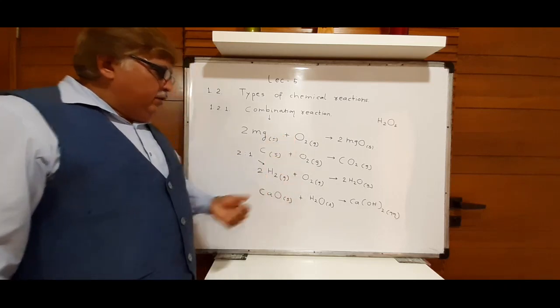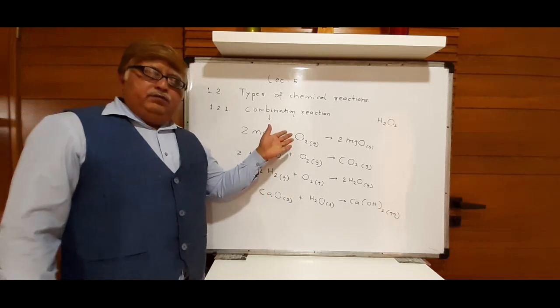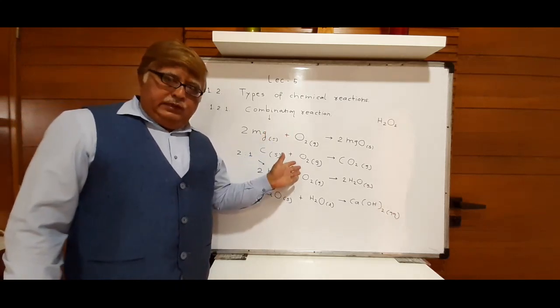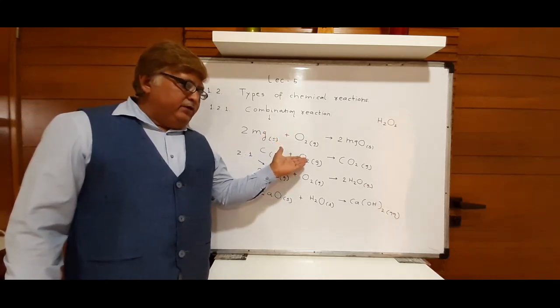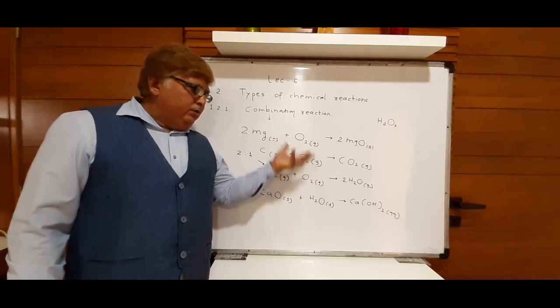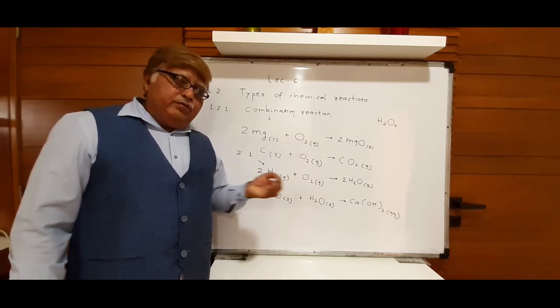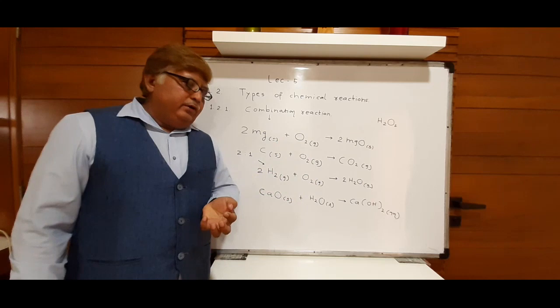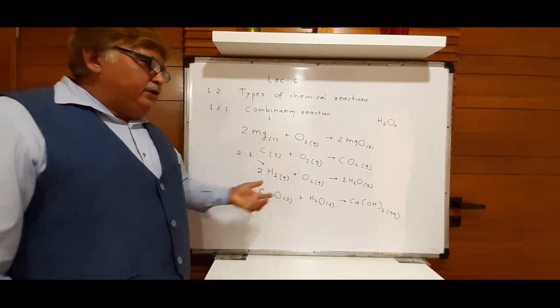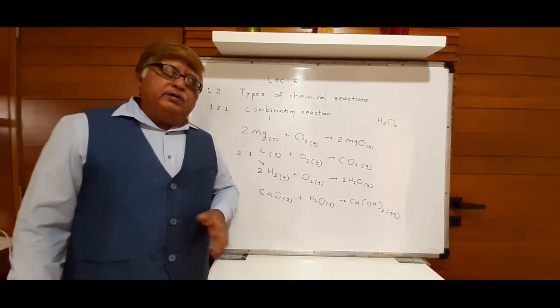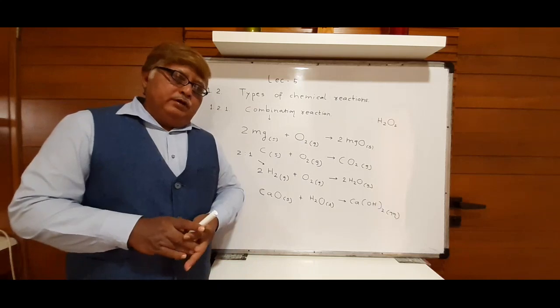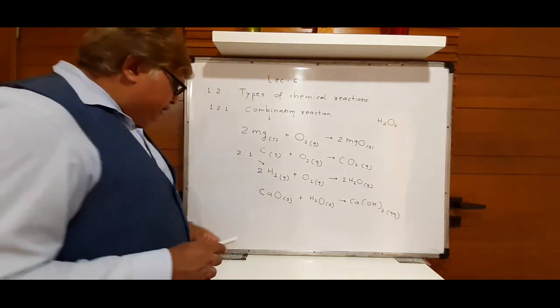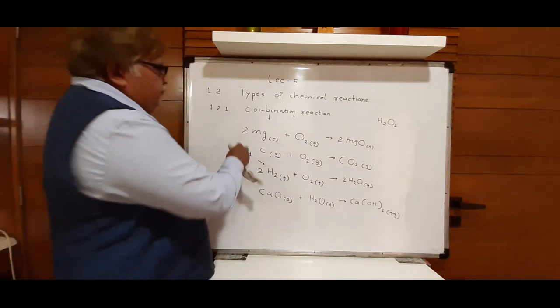So I have already written here 4 examples. You can utilize any 2, any 3, all equations also if you can remember properly balanced chemical equations, you can write in exam. Understand? Okay, let us move ahead.